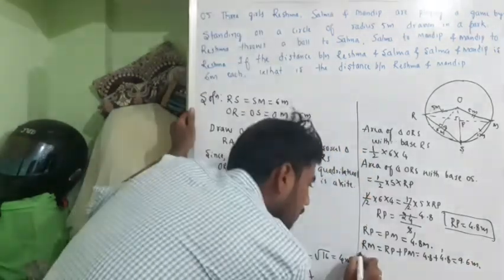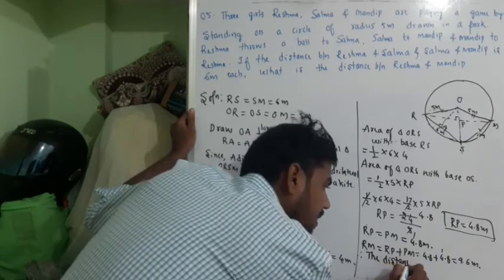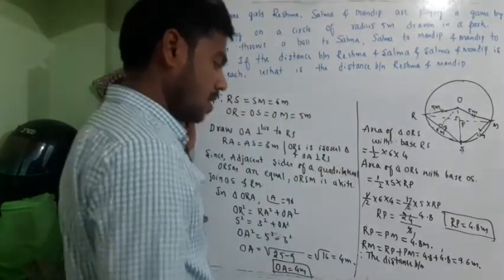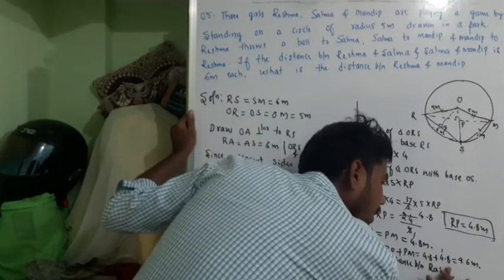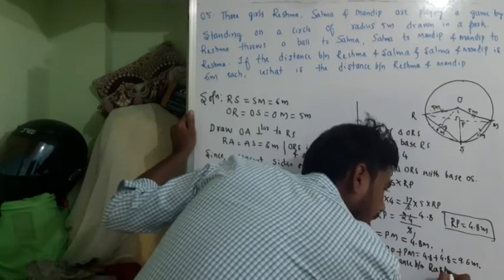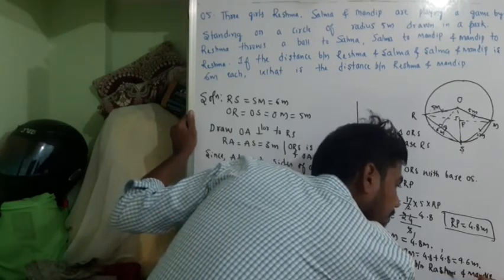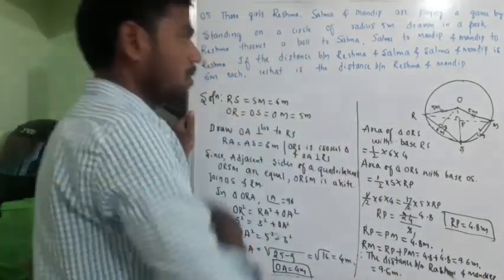So therefore the distance between Reshma and Mandeep is equal to 9.6 meter. So please note this term.